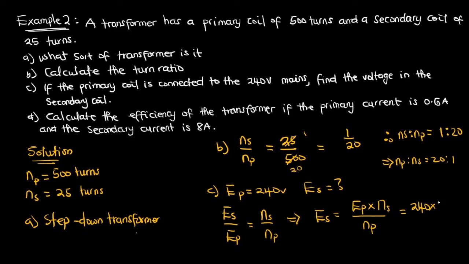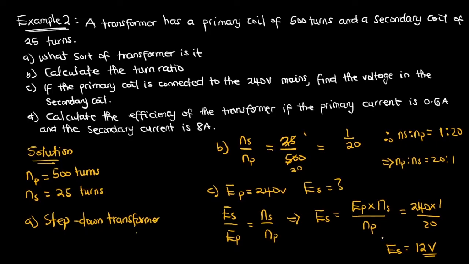So we'll use 1 over here, over the number of turns in the primary, NP, which is the 20 at the bottom here. So we have 20 over here. So this is basically 240 divided by 20, and if you compute that, that will give us 12. So our answer is 12 volts, right?